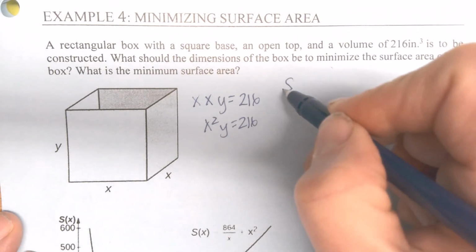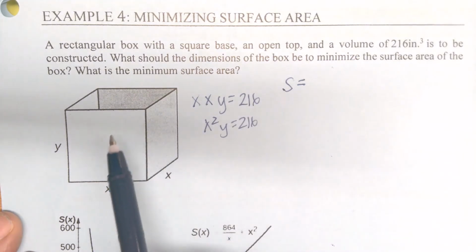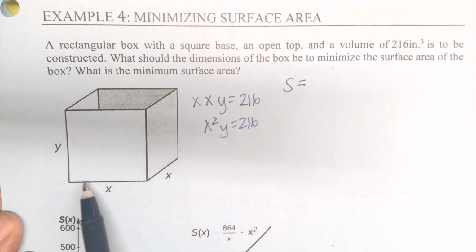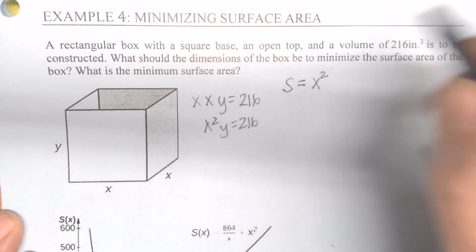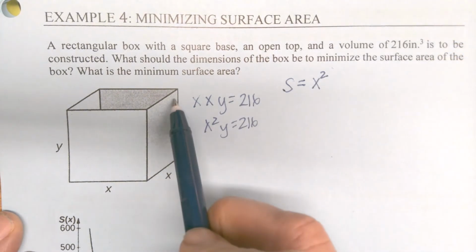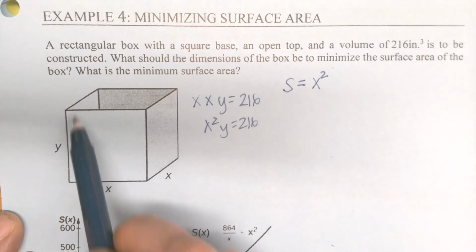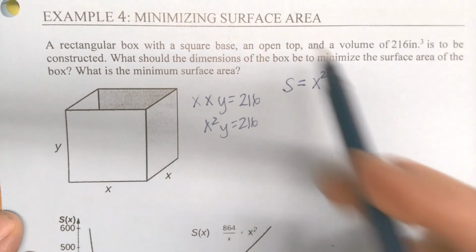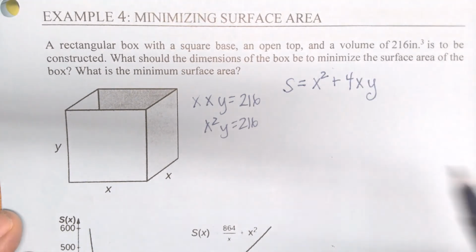So I'll set up a new function, S I'll call it, for surface area. You can call it whatever you want. And I have an x by x base, which is x squared. And then I have an x by y side, and another x by y side, and another x by y side, and another, actually, total I have 4 x by y sides.